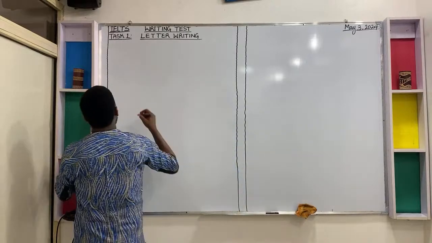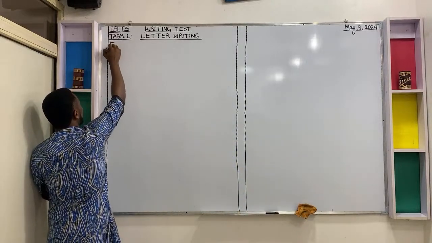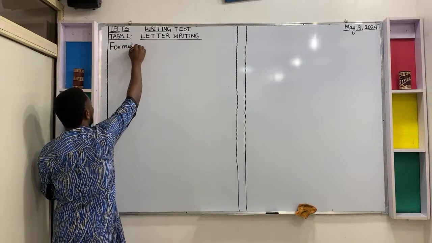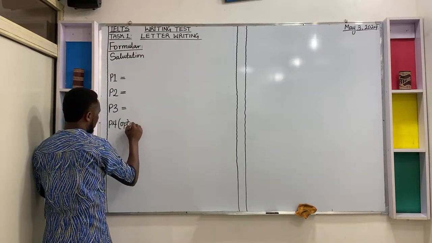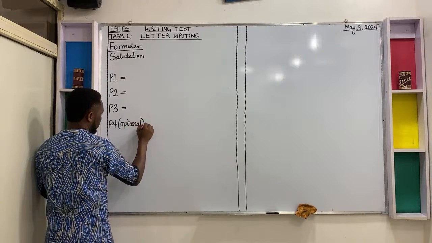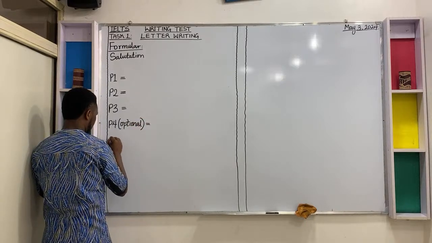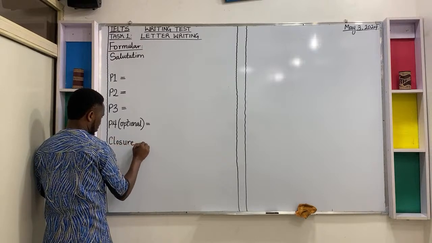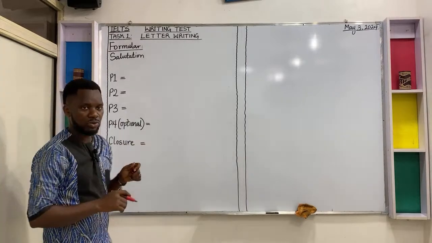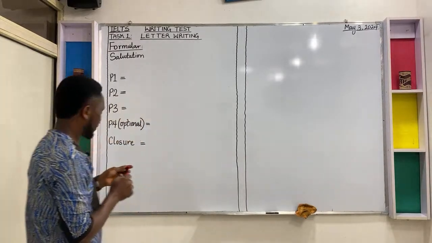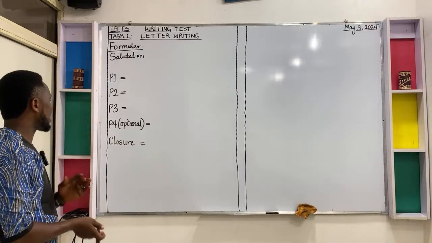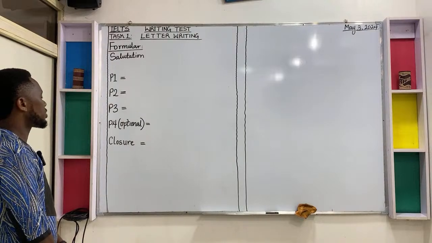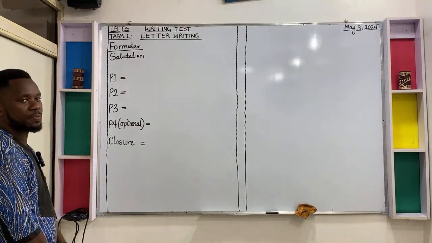Now, next, I would like to expose to us that there is a formula for writing letters. Right. So let's begin. Here is the formula for writing your letter, irrespective of the type of letter it might be.